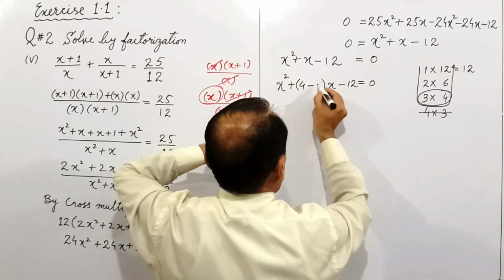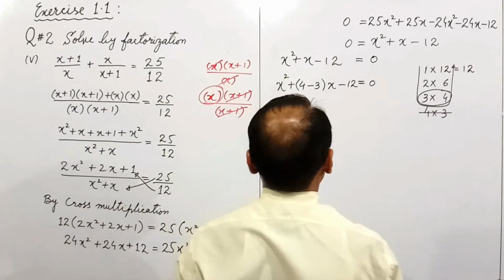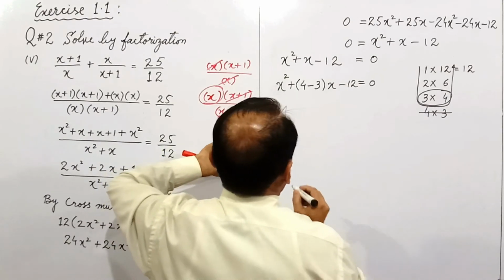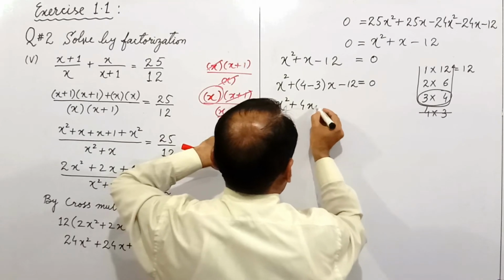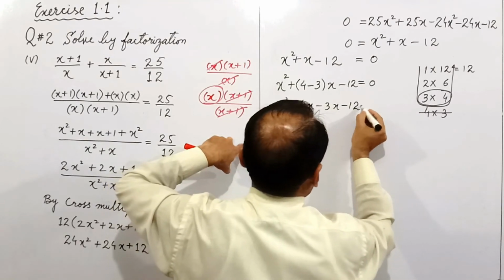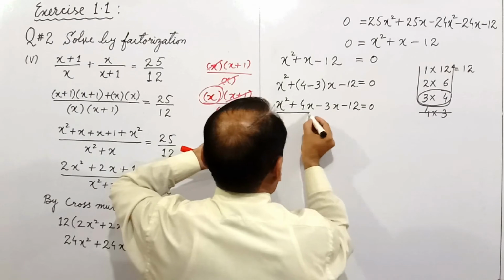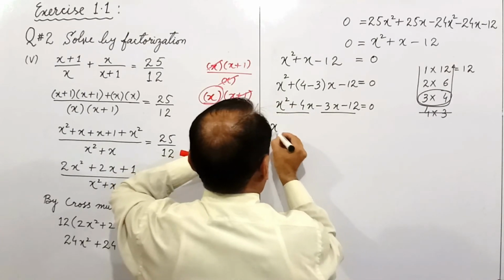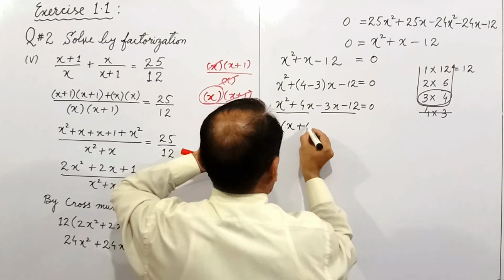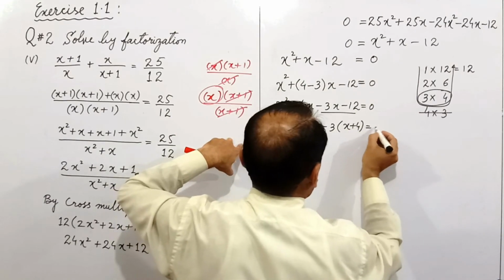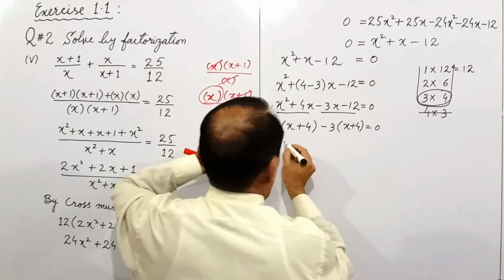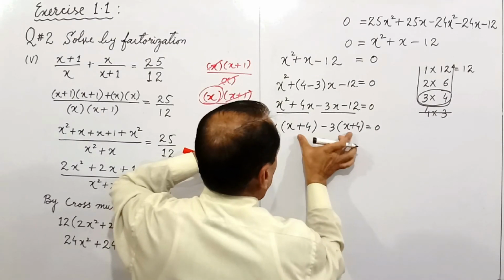We write 4 first. 4 minus 3 is equal to 1. We break the midterm into two terms. Now we open the bracket: x square plus 4x minus 3x minus 12 is equal to 0. We make the pairs and take the common. x is taken common, x plus 4 is left, minus 3 is taken common, x plus 4 is equal to 0. Now, in these two, x plus 4 is common.